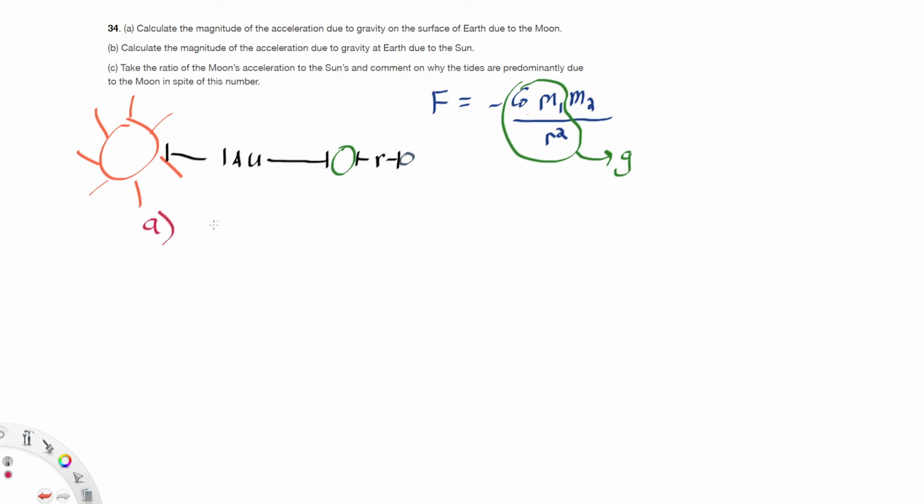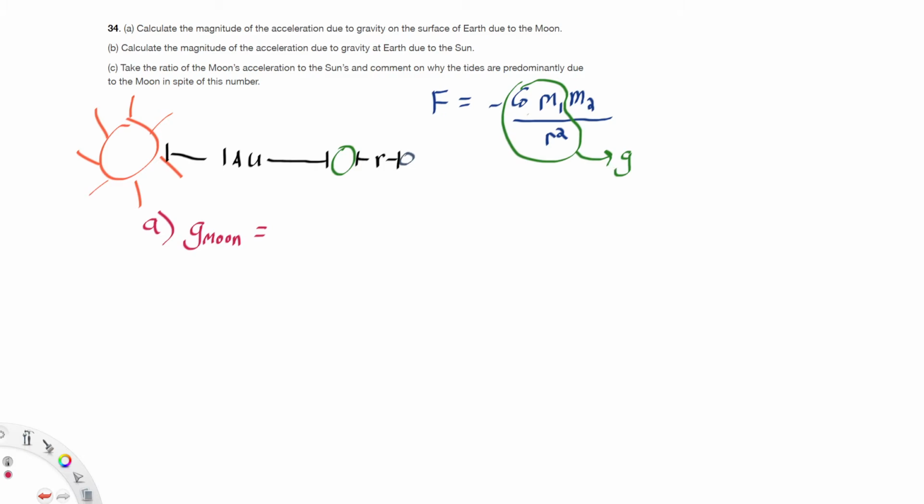So for A, the gravity from the moon is equal to the gravitational constant, which is how much? Little g is 10 near the surface of the Earth.